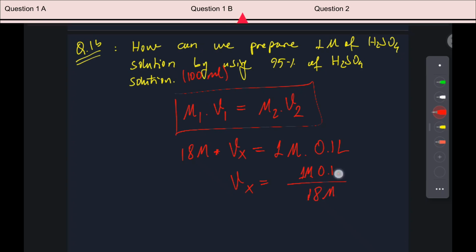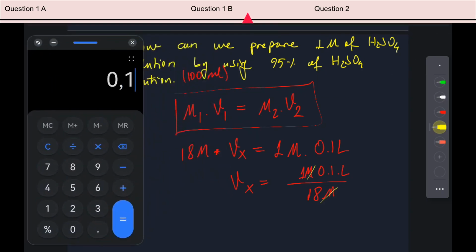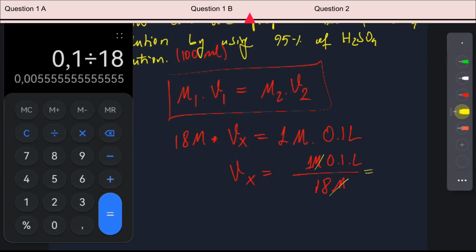This is molar, this is liter. Molar will cancel each other, and we make the calculation, and it equals 0.0055 liters.